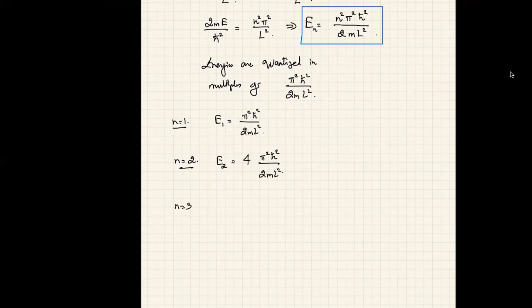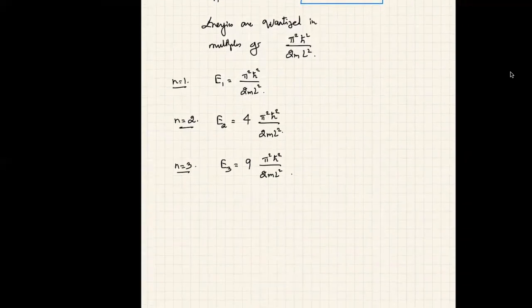The second excited state has n equal to 3, and this has 9 times pi square h bar square over 2mL square, and so on and so forth. So these are the energies of these different states. We have deduced what the energies of the stationary states are.